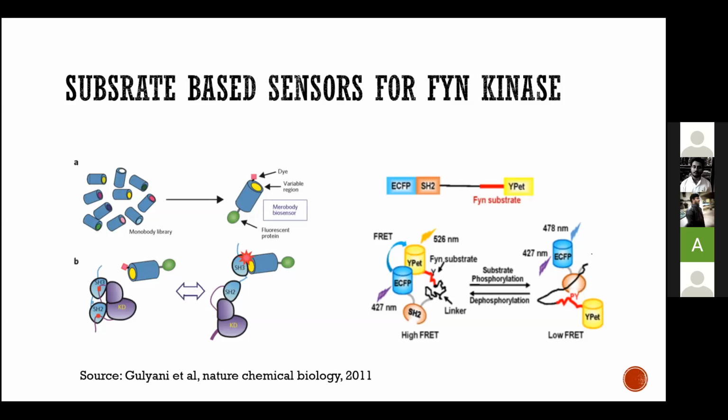So the dephosphorylation of SH2 shows it's active. But the problem is the phosphorylation of SH2 can happen with any phosphatase, irrespective of whether your Fyn is active or not. So this doesn't exactly give you whether the Fyn is active or not, in a certain sense.